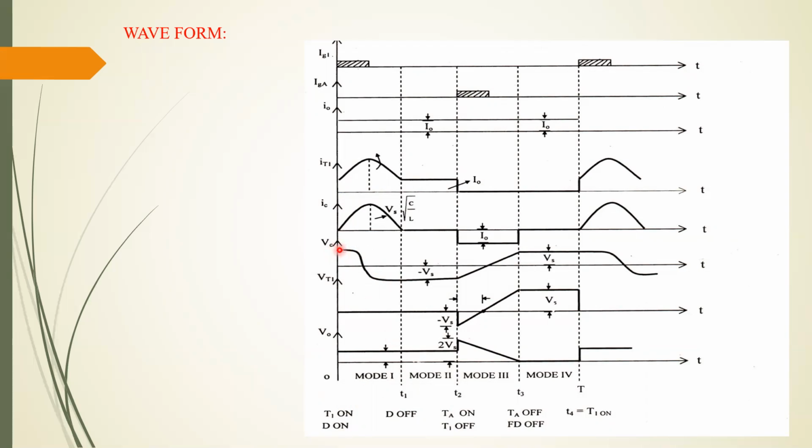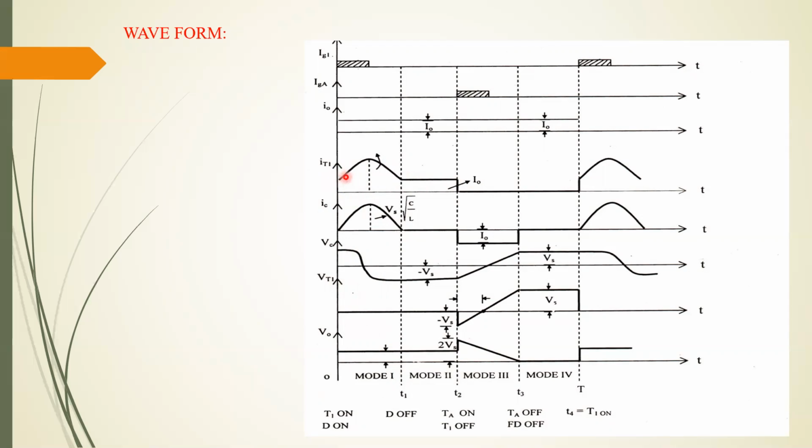As it is discharging, when the voltage is maximum, the charging current is 0. When the voltage is 0, the current is maximum. And when it becomes minus Vs, the current becomes 0. When the chopper is on, the thyristor current flows and becomes maximum, IT1.